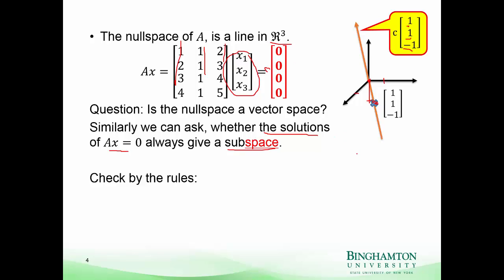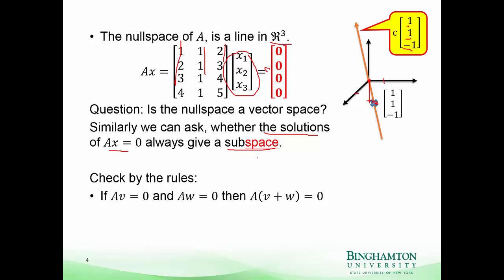That's what we're looking for here. And we had rules that told us when something is a vector space. Mainly those rules are: closed under multiplication by scalars and closed under addition, or more equivalently, closed under linear combinations.